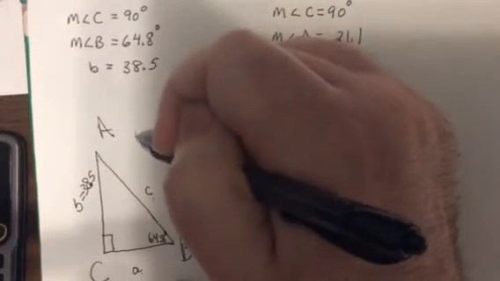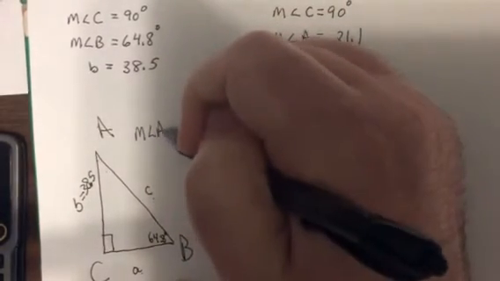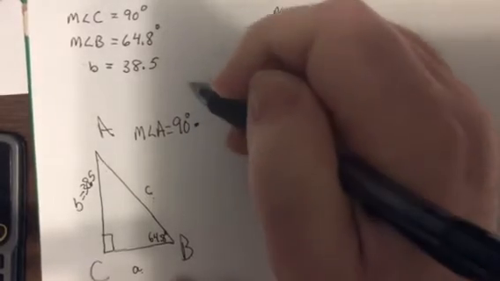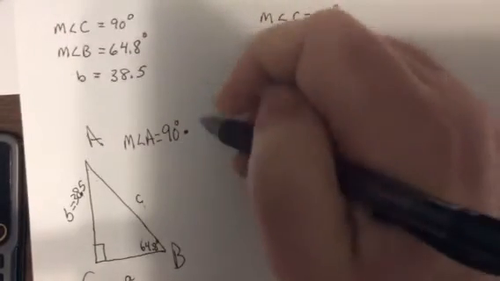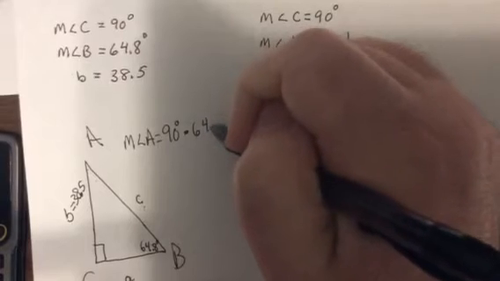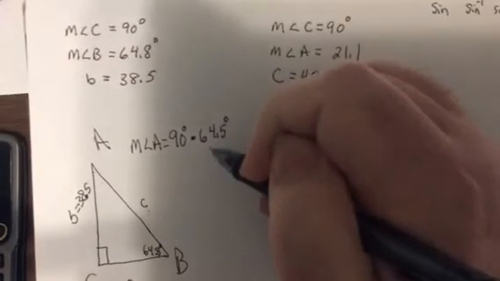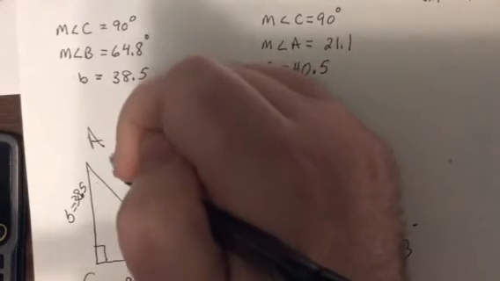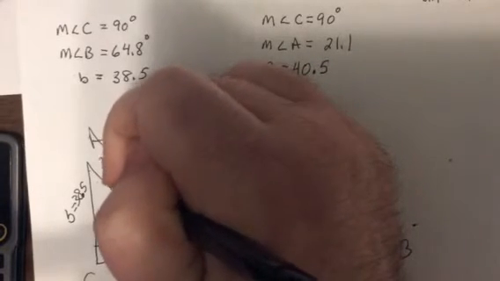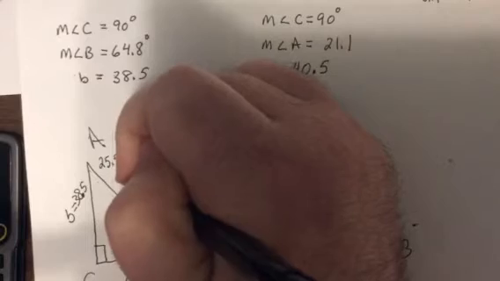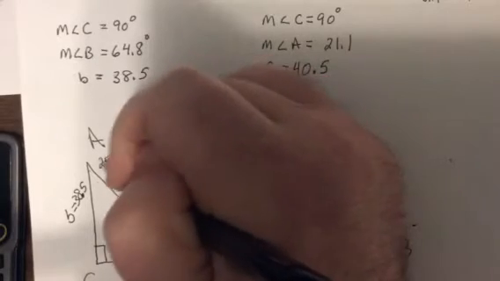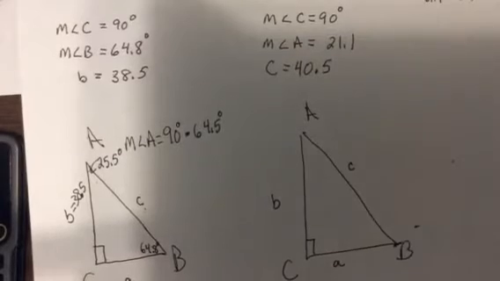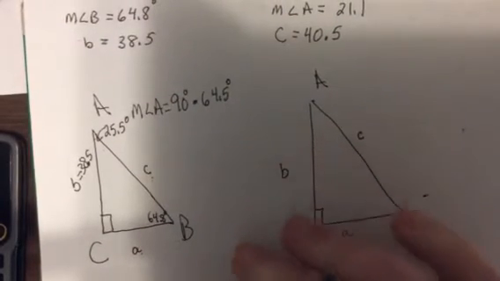So the measure of angle A is 90 minus 64.5, which, if I'm thinking right, is 25.5 degrees. Well, that was easy.